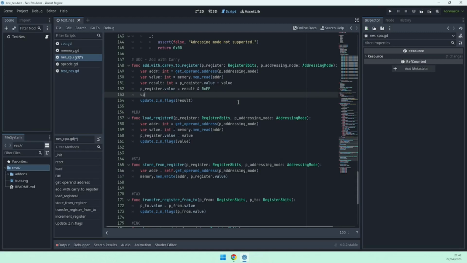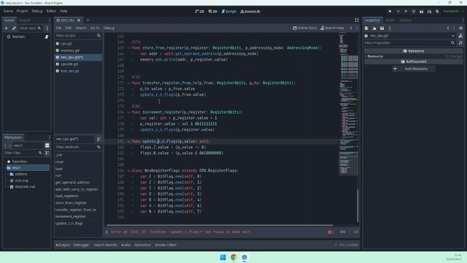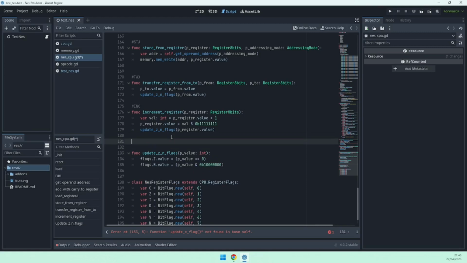let's make a function, update C flag with the result. Func update C flag with our value.